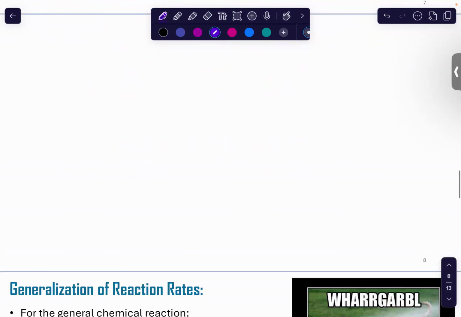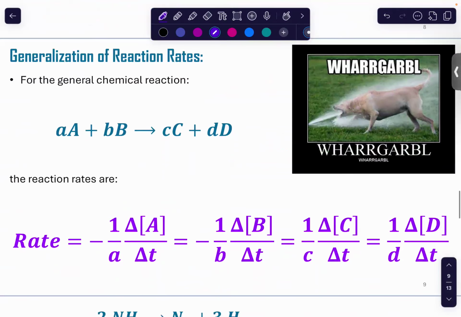So generalized, for a generalized chemical reaction of A plus B yields C plus D, our rates are going to match this. You notice how the reactants get a negative sign, the products get a positive sign because the reactants are being used and the products are being formed. But again, you have to multiply each one of them by a fraction where the coefficient is in the denominator.